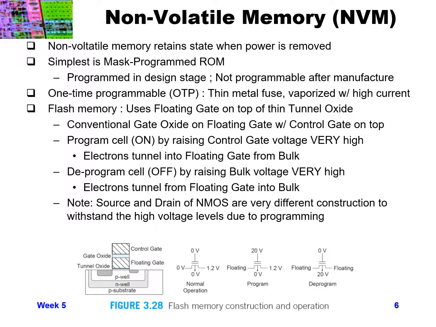And so electrons can tunnel into the floating gate from the bulk. And this causes that floating gate to now have an artificial charge on it that will stay there even when power disappears from the circuit.